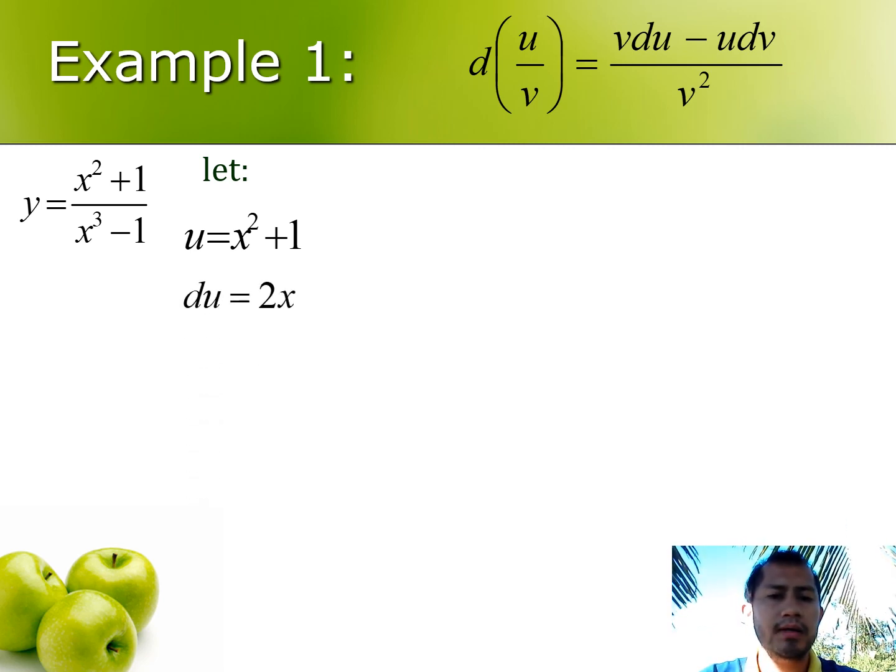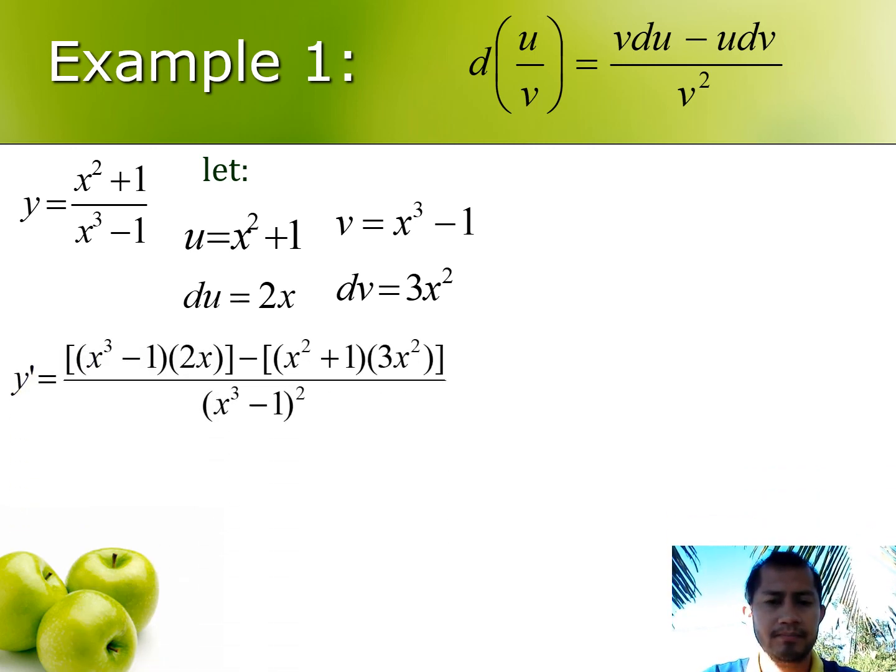Now v is the denominator, which is x cubed minus 1, and the derivative of v is equal to 3x squared.